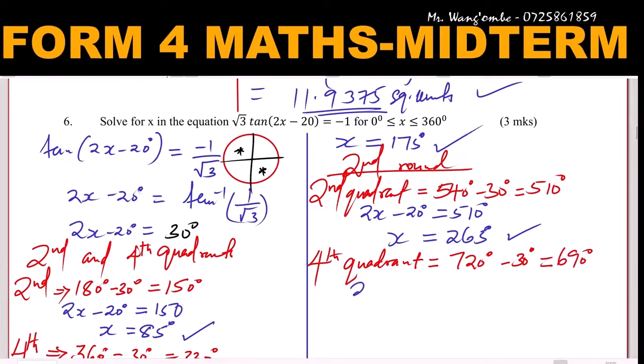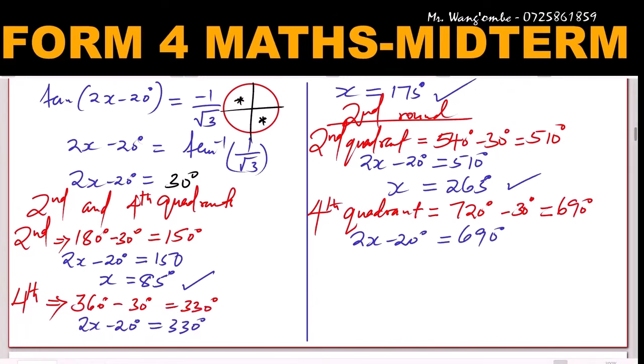So now 2x subtract 20 degrees equals 690. Here x will be given by 710 divided by 2, so this will be 355.